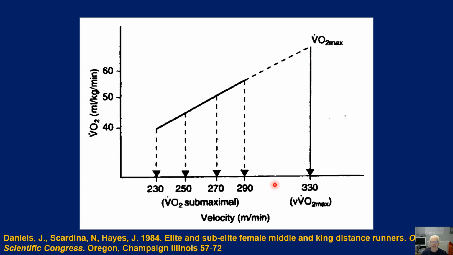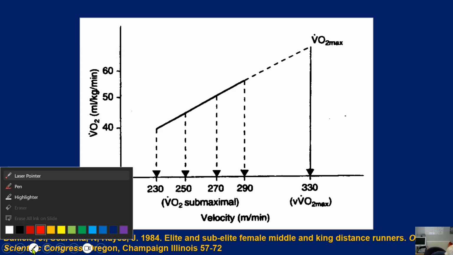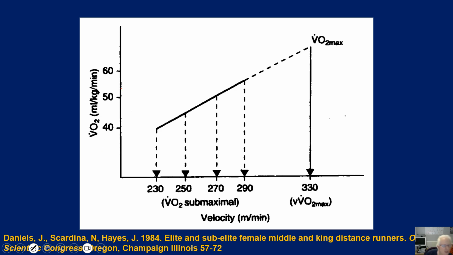Now that is independent, this is the important bit. That VO2 max value in this calculation is independent of running speed. So all you've got to think about is simply imagining there is a line that runs across the chart. I'm not very good at doing this, but if we take a line that runs across here, like that, it's a simple extension from the y-axis until this interpolation from the submaximal data hits that horizontal line here.